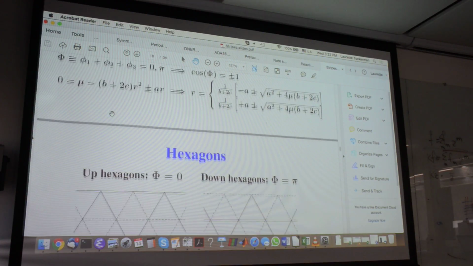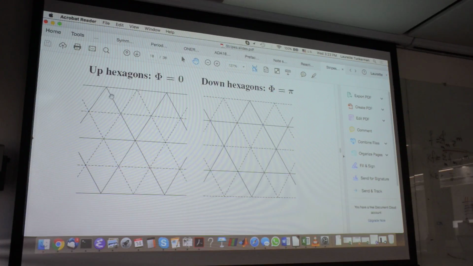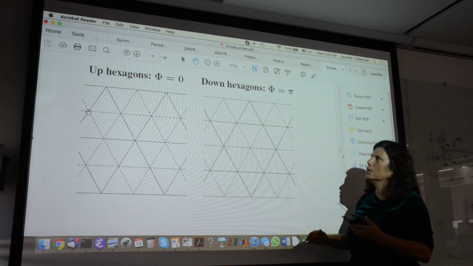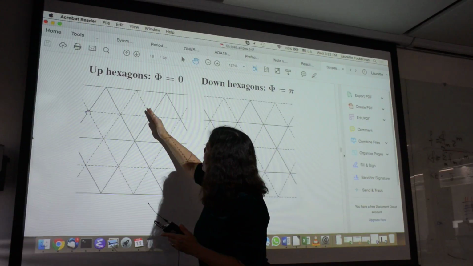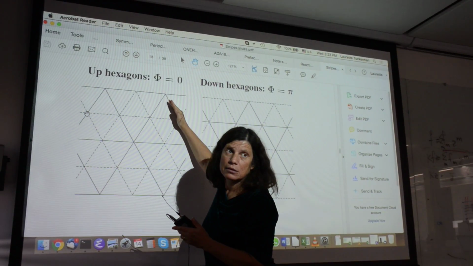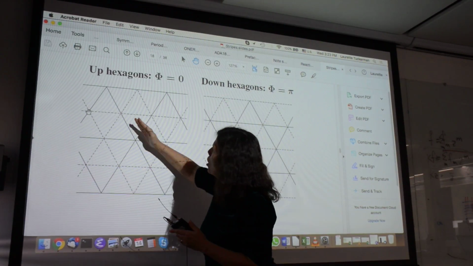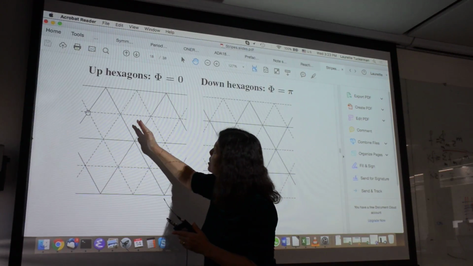And that is being drawn, say, for the one that has a wave vector like this. We have plus, minus, plus, minus, plus.